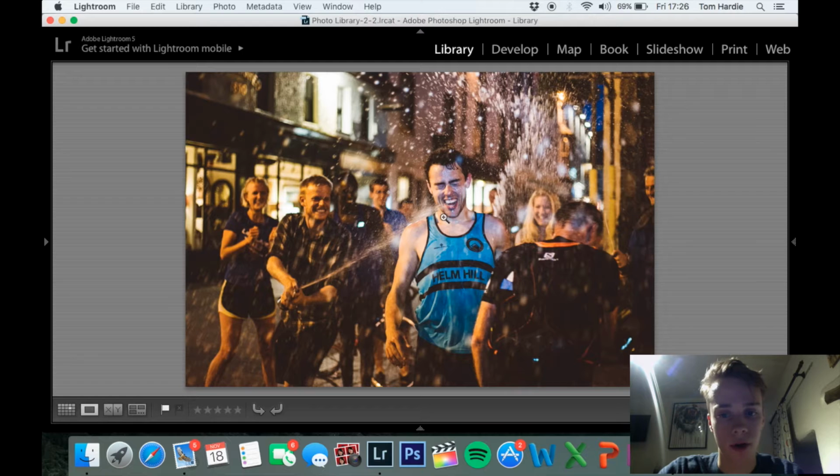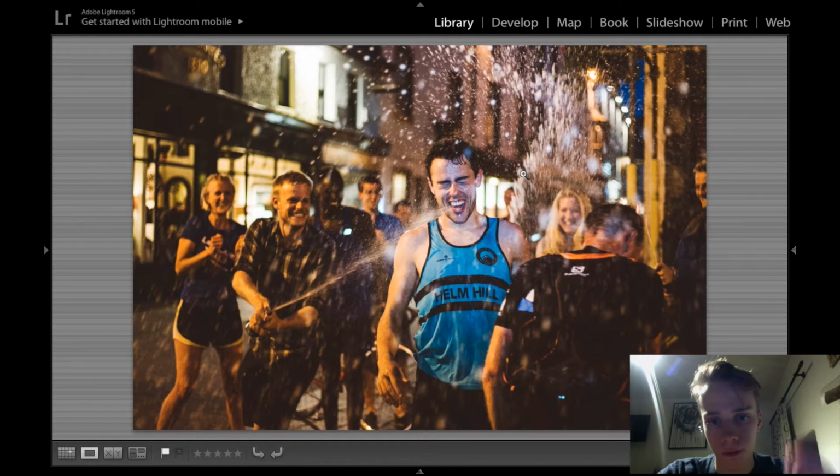As well as background blur, it's another way of separating your subject matter from your background, and that separation again is another element of this image that I think makes it really nice.